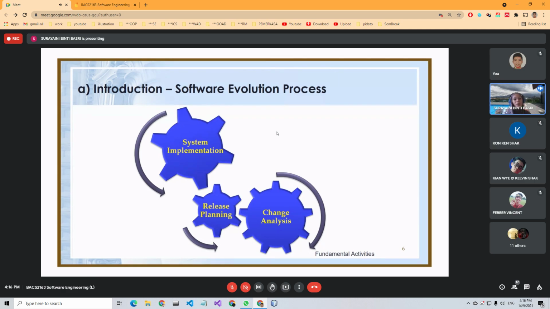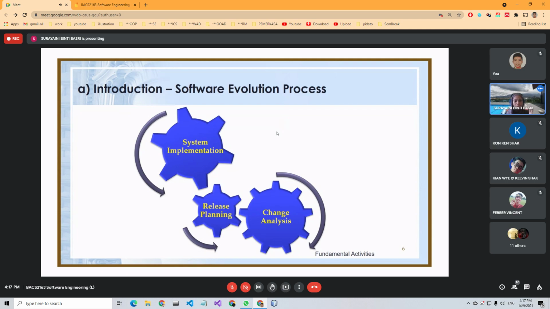Based on that proposal, the software team will need to do the change analysis. They will analyze whether the requested changes can proceed or not. Sometimes, because of some situations, the changes may need very state of the art technology, and the cost for that change may be a lot.